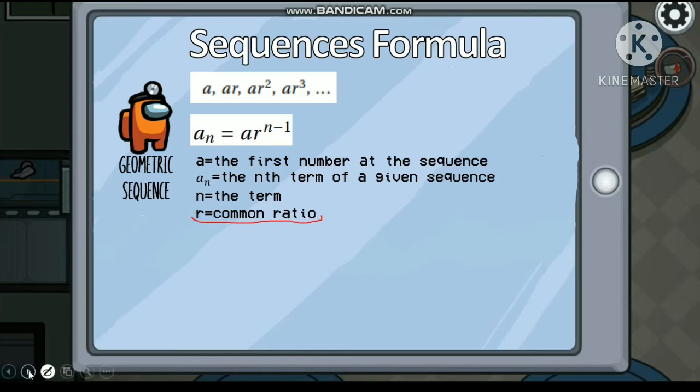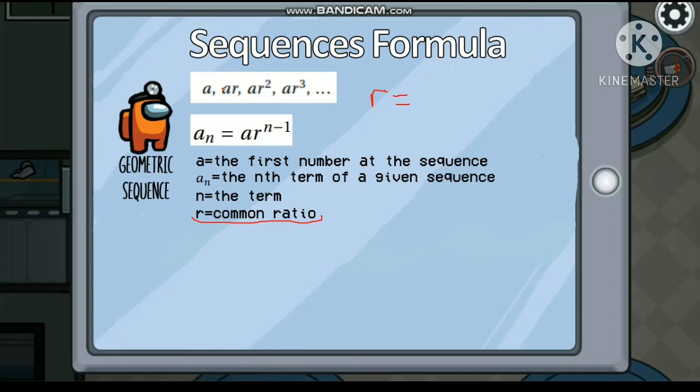Okay, let's move. Oh yeah, I forgot to tell you about how we can get the r, or the ratio. Because earlier I explained that geometric sequence is a sequence in which every term is obtained by multiplying or dividing.